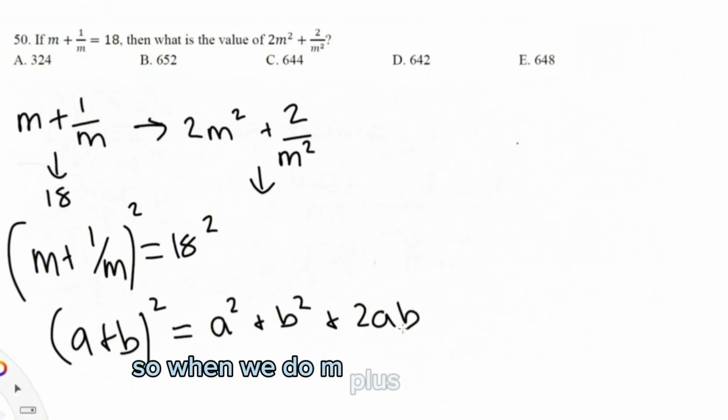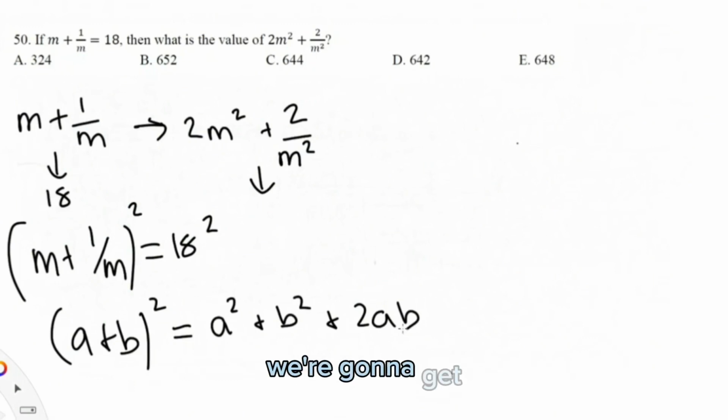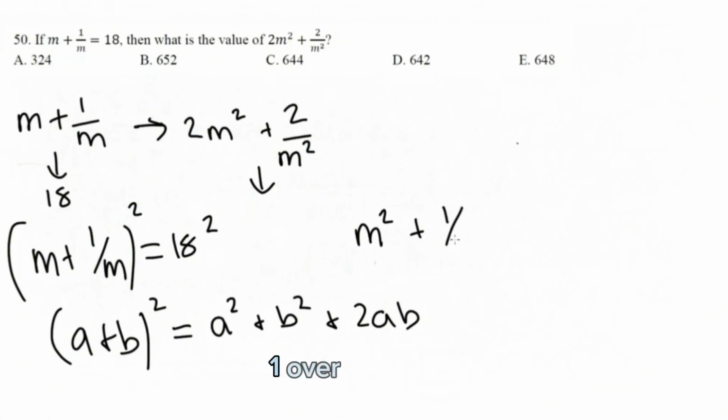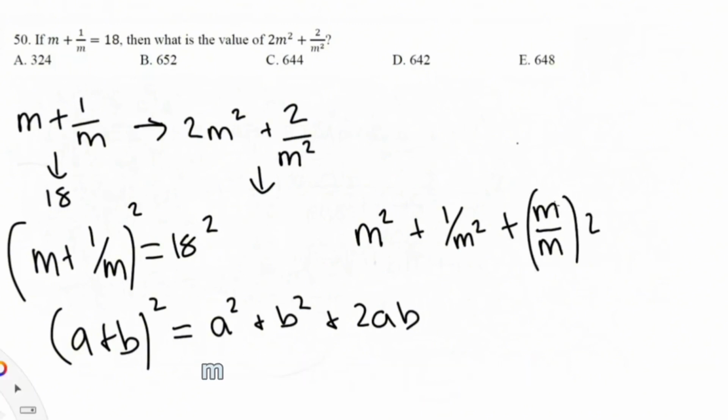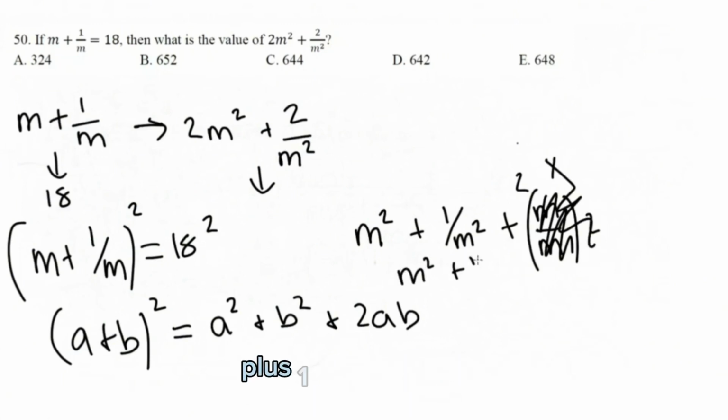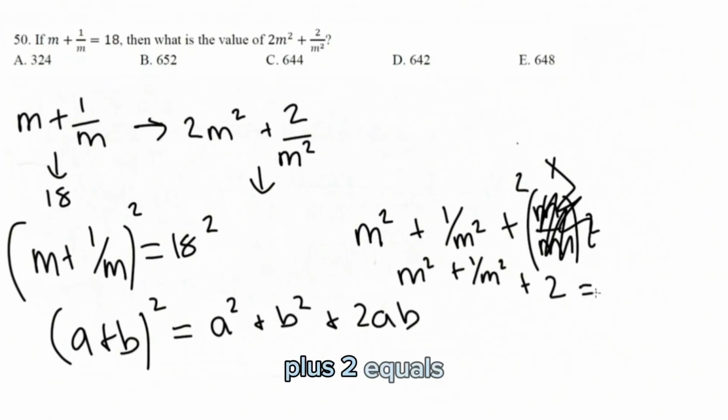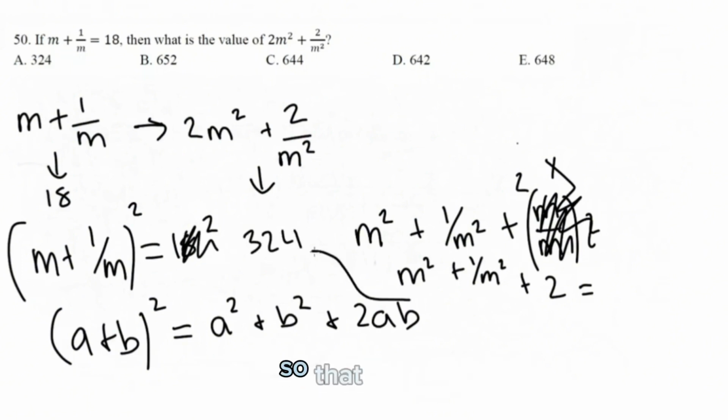So when we do (m plus 1 over m) squared, we're going to get m squared plus 1 over m squared plus m times 1 over m, which is m over m, times 2. m over m is just going to be 1, and 1 times 2 is just 2. So now we have m squared plus 1 over m squared plus 2 equals 18 squared. 18 squared is 324.